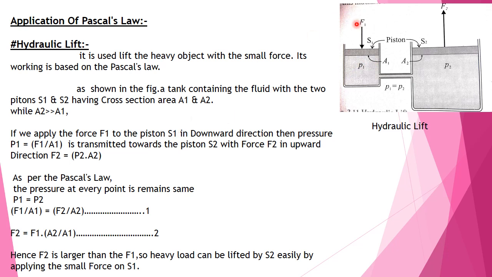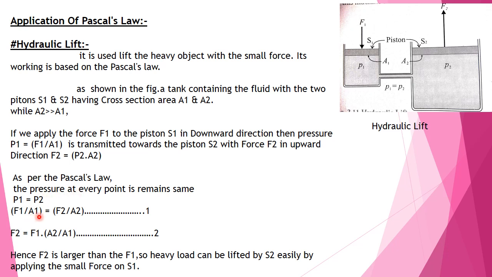If we apply F1 on A1, then it is transmitted towards the piston S2, giving force F2 in the upward direction. That is why F2 is equal to P2 into A2 and P1 is equal to F1 upon A1, where P and F are the pressure and the force. As per Pascal's law, the pressure at every point remains the same.